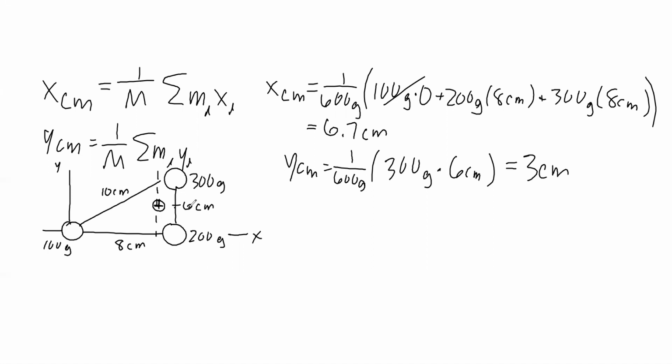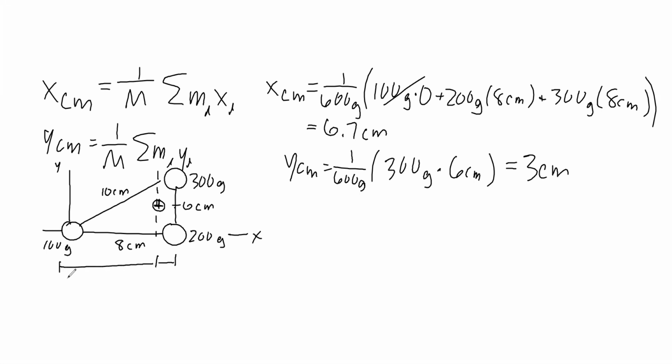But look what equals what: 100 times 6.7 equals 500 times 1.3, right? Because the distance between the x center of mass and 8 is 1.3, and the distance between the 100 gram mass and the center of mass is 6.7.